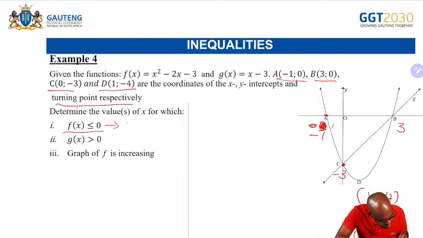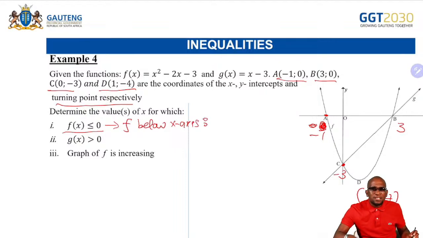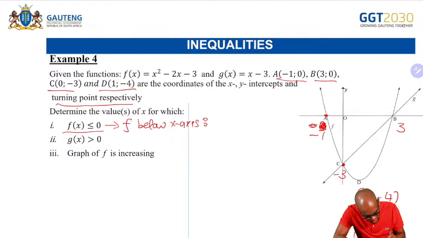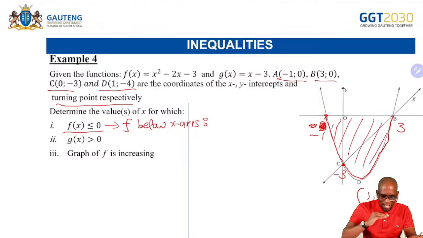So here we know they want where f is below the x-axis. Where is the graph of f below the x-axis? Let us note that we want to find where the parabola f is below the x-axis. Check what I'm highlighting. This whole portion of the graph, this region, is below the x-axis.